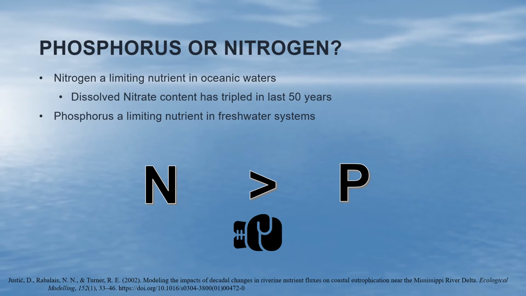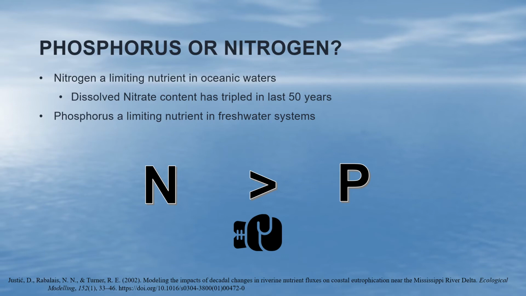This means that any added amount of nitrogen can greatly exacerbate the amount of phytoplankton that's grown, or algae that's grown on the top layer, because it's that limiting nutrient of why there isn't more that's growing. And conversely, and interestingly, phosphorus is a limiting nutrient in most freshwater systems. So when we're talking about ocean hypoxic dead zones and ocean eutrophication, we're generally more concerned about nitrogen.